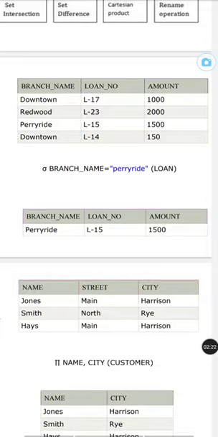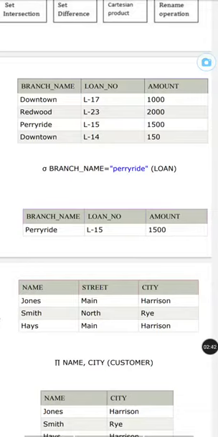That is, check for Perryridge inside the relation loan, under the branch name. So it selects the data for Perryridge based on the attribute branch name from the relation loan.